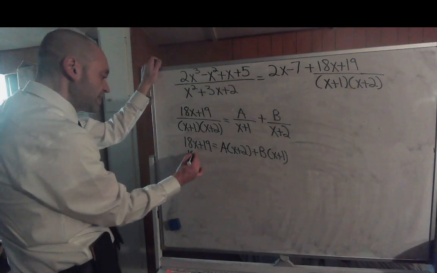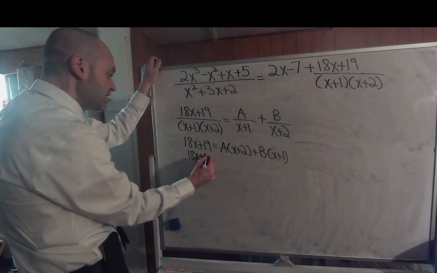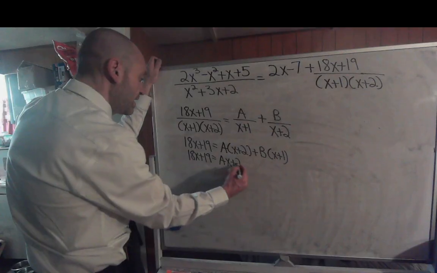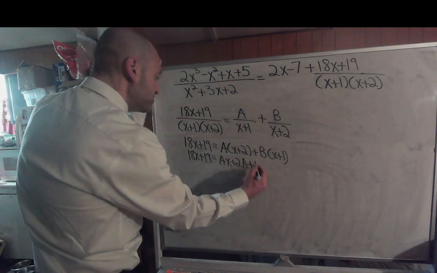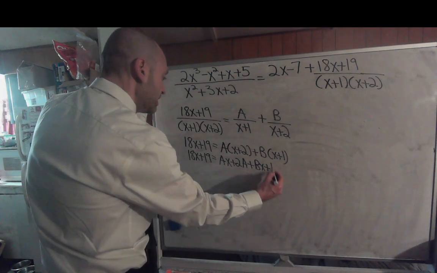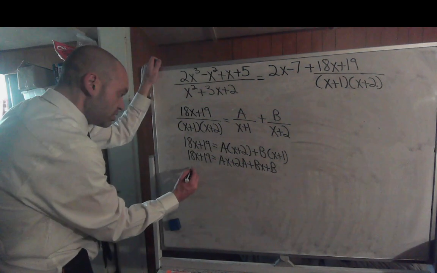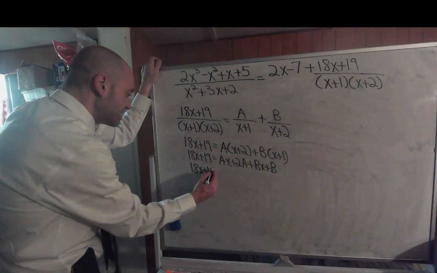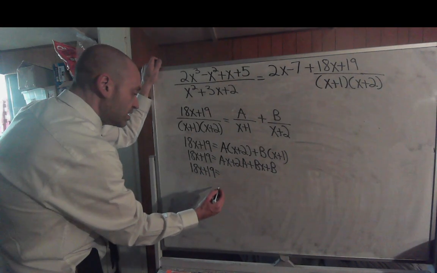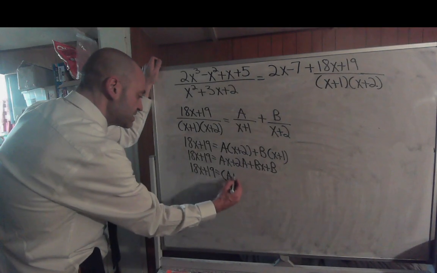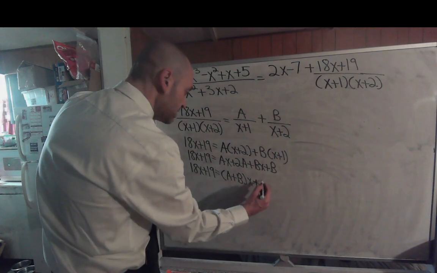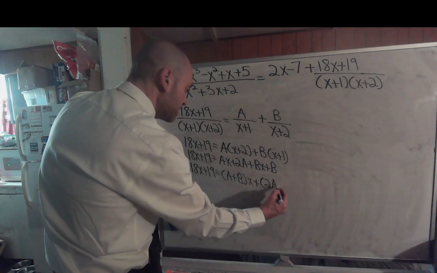So 18x plus 19 equals ax plus 2a plus bx plus b. So group your like terms. 18x plus 19 would just equal a plus b times x plus my 2a plus b.